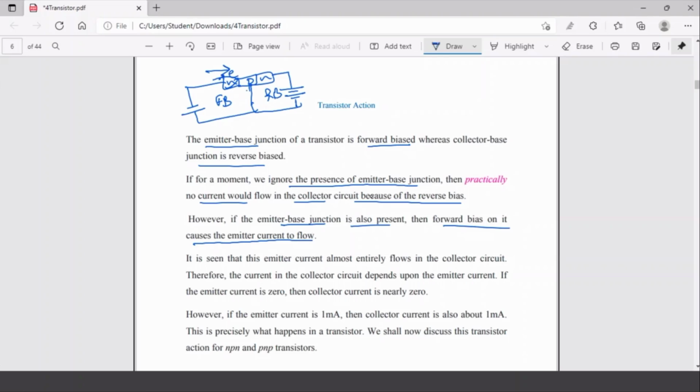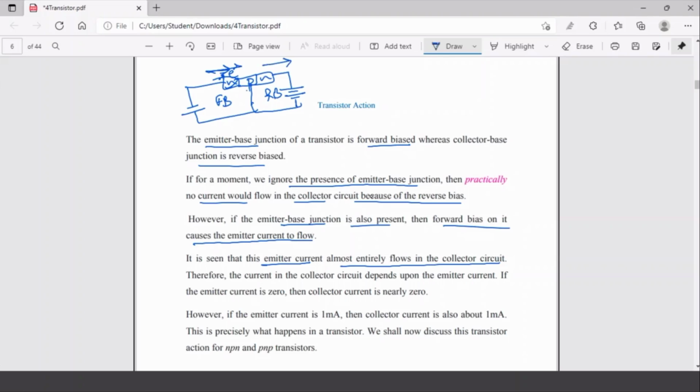It will lead to the emitter current that passes through the base region and is collected by the collector region here, so it will constitute a current flow here. I hope that is clear to everyone. So we can clearly see that this emitter current almost entirely flows in the collector circuit. Whatever current is flowing through this is almost reaching here.